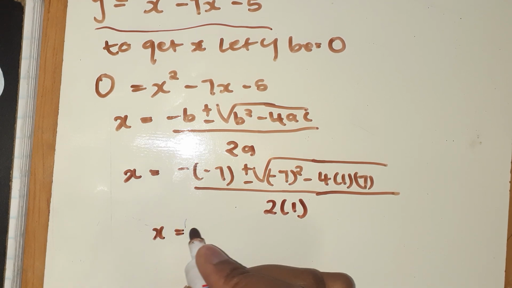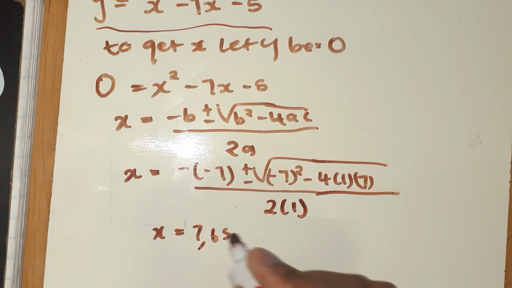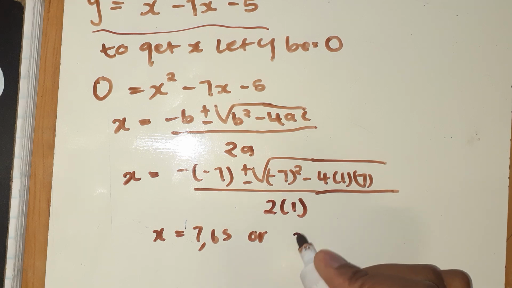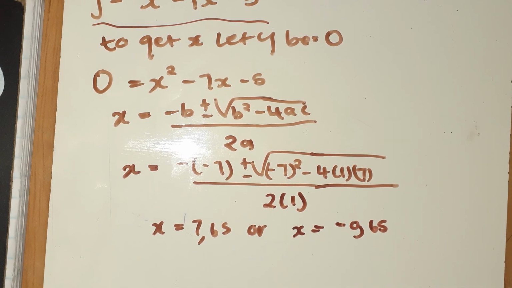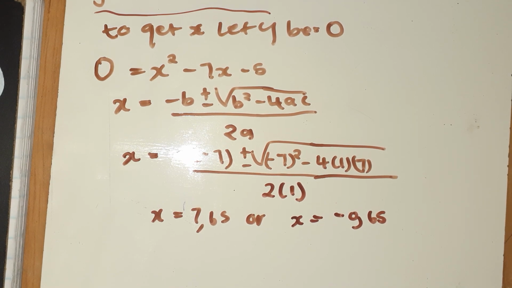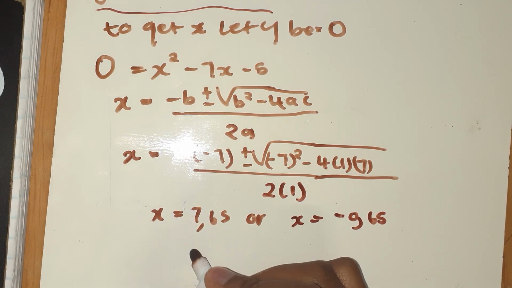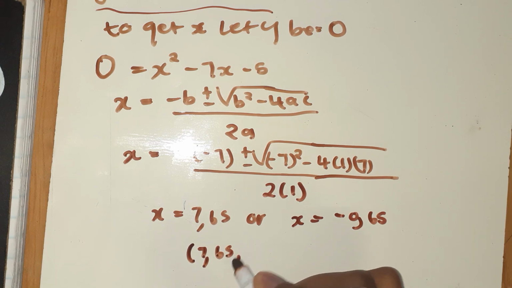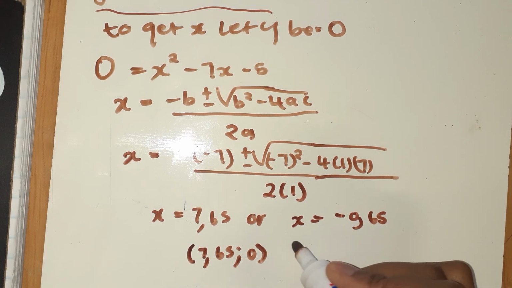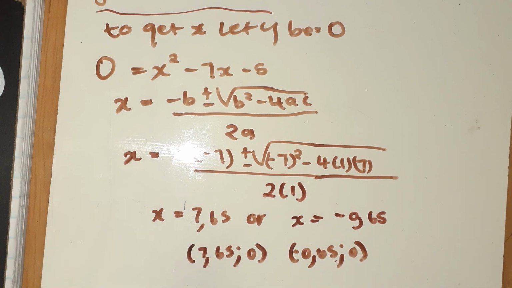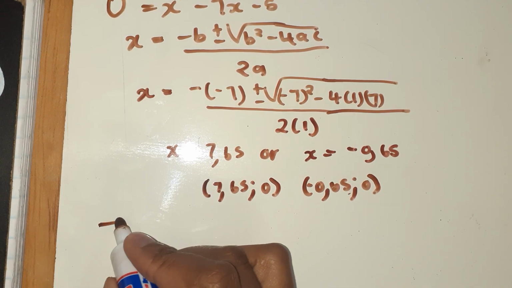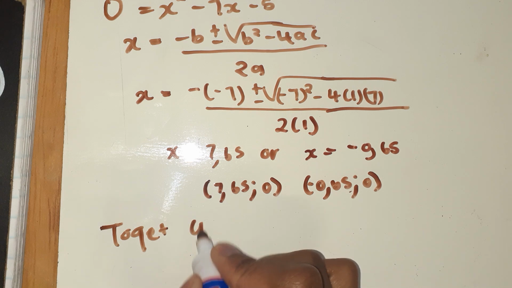So here you get x equals 7,65 or x equals negative 0,65. So that is the 2 x values. So for a parabola, you need 2 x values. So it will be 7,65 to 0 and negative 0,65 to 0. So these are the 2 x coordinates.